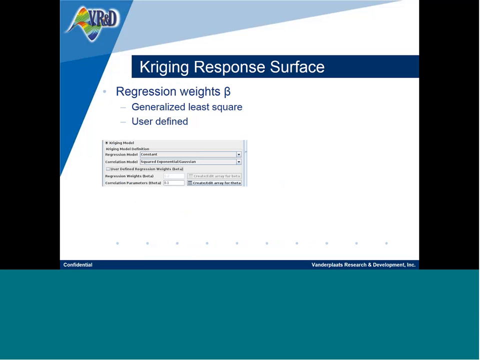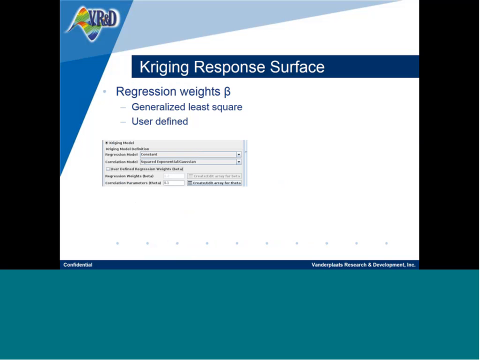So next is to define the regression weights. VisualDOC provides 2 options to define the regression weights. The default one is to fit the regression weights by generalized least squares.